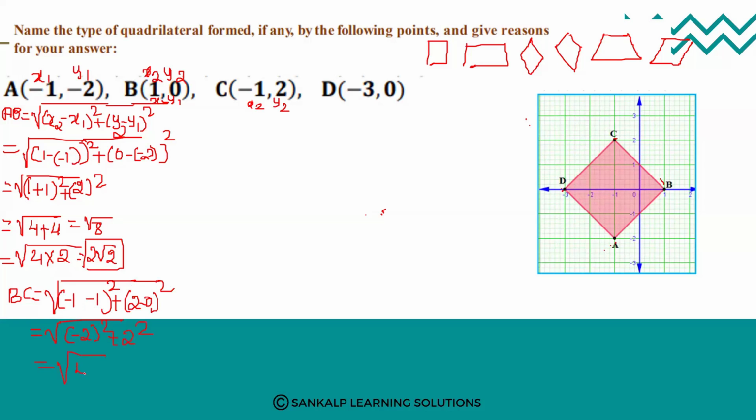Minus 2 square is 4, 2 square is also 4, so 4 plus 4 is 8. 8 can be written as 4 into 2, again I will get 2 into square root of 2. 4 is a perfect square number, therefore square root of 4 is 2. This is the value of BC.